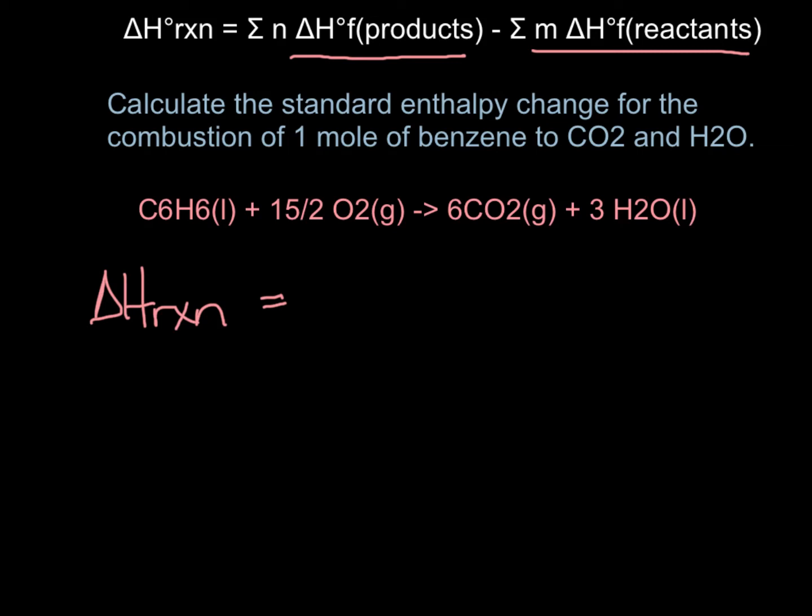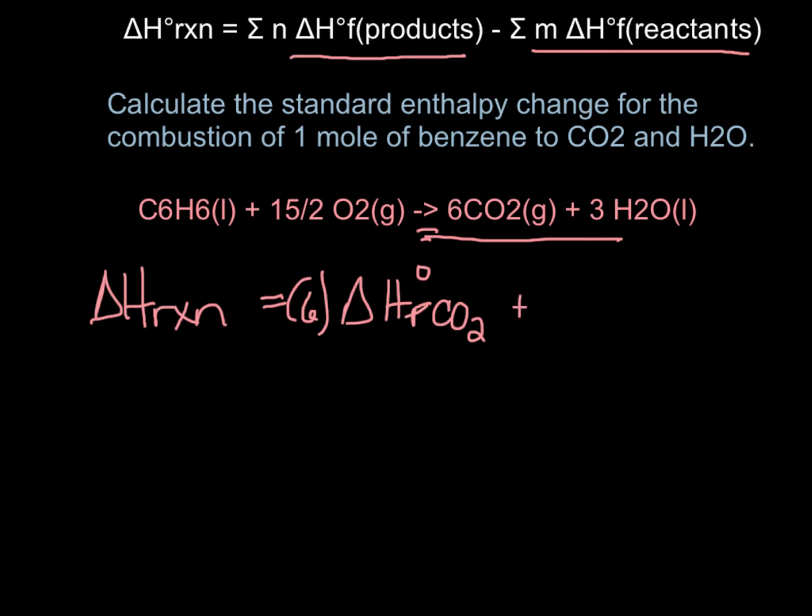So starting with the products in our equation here, we have 6 moles of carbon dioxide. So I'm going to need the delta H formation for the carbon dioxide, and since there are 6 moles of it, and my units are given in Appendix C in kilojoules per mole, I'm going to have to multiply that by that coefficient of 6.